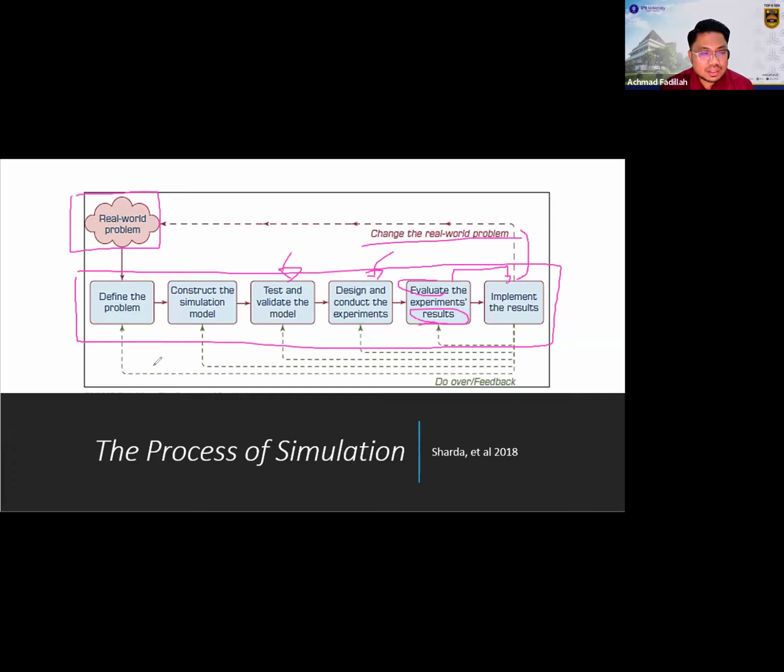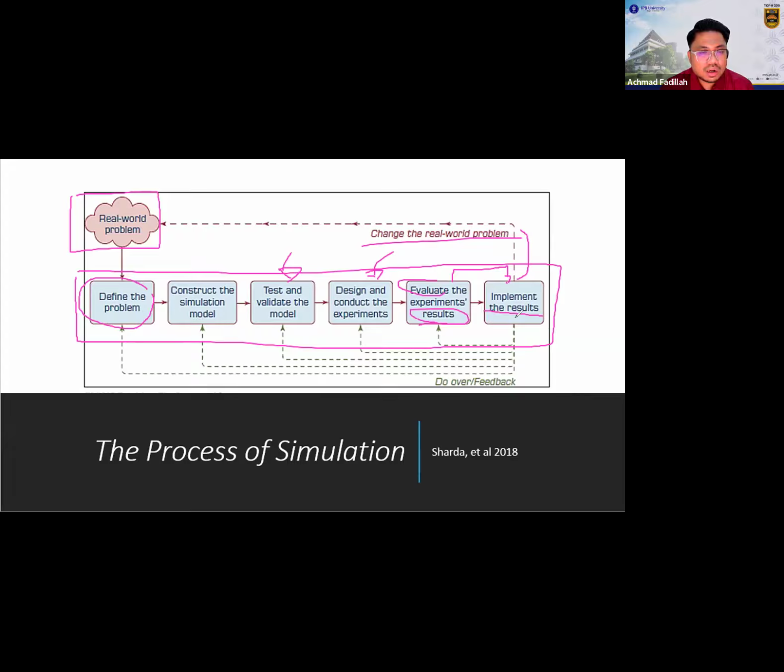And if you look at this graph, this process is like an evaluation over time. You can evaluate this process, even the result, and go back if the result is not what we expected. It can be because we did not define the problem in a good way, so you can evaluate the problem statement.